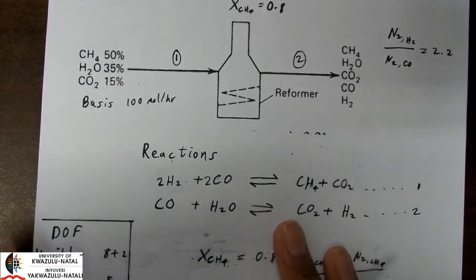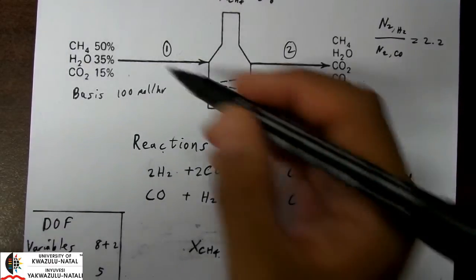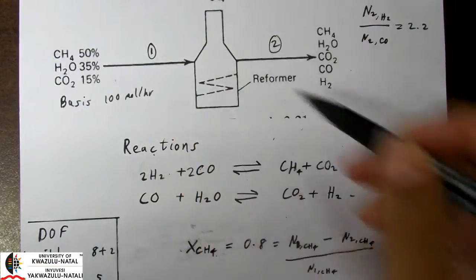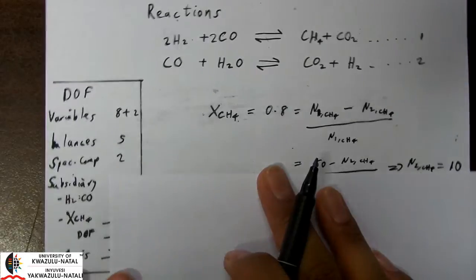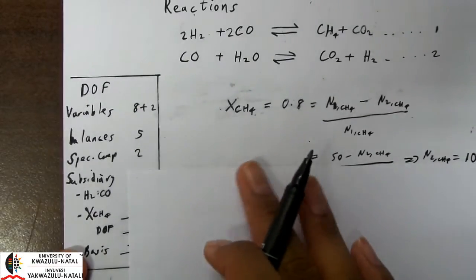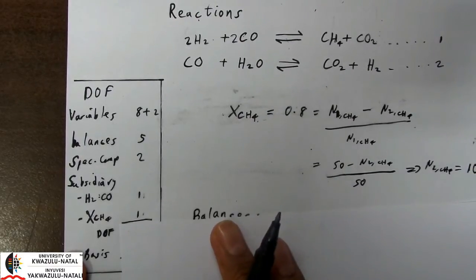If we look at our specified compositions, remember that we are counting only independent compositions. So that's just 2. In terms of our subsidiary relations, we were given an H2 to CO ratio as well as a conversion.